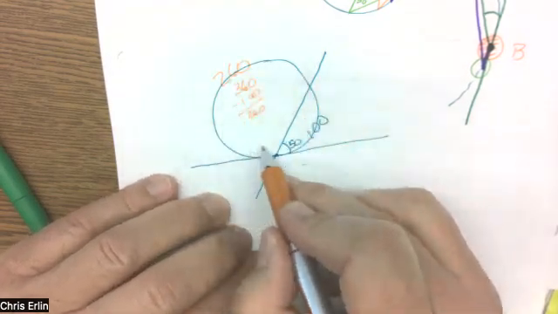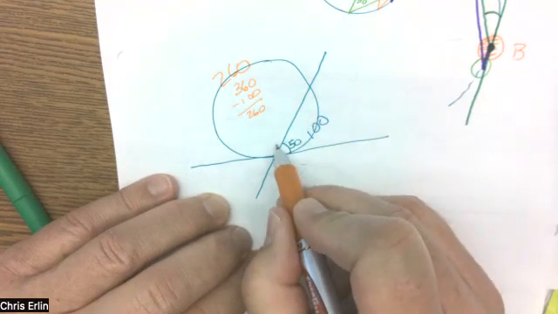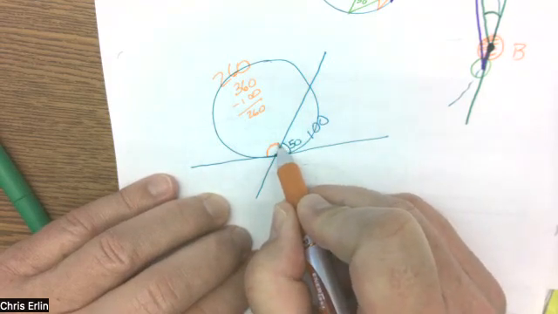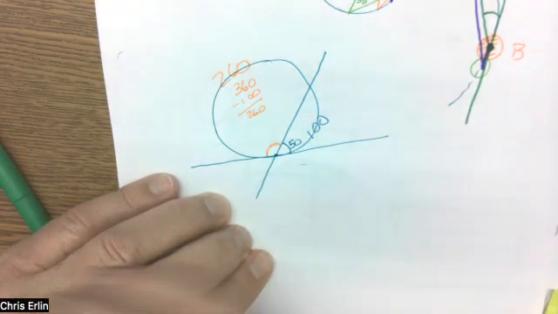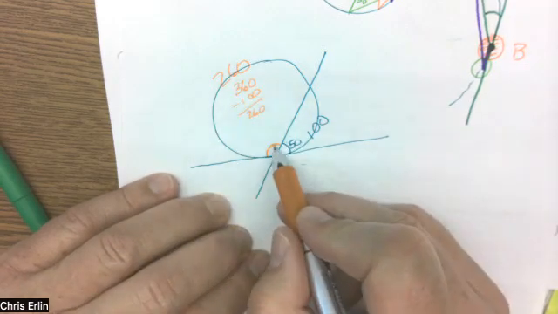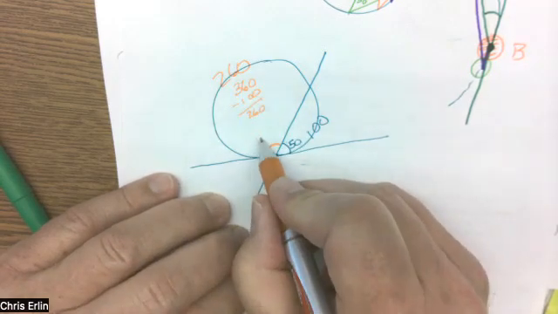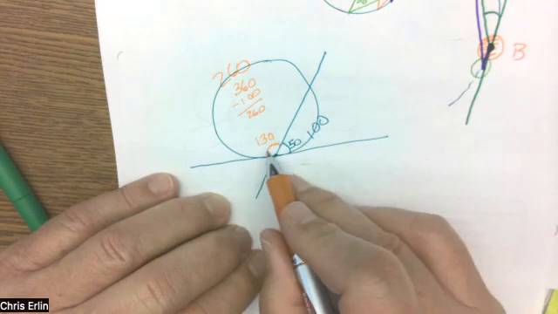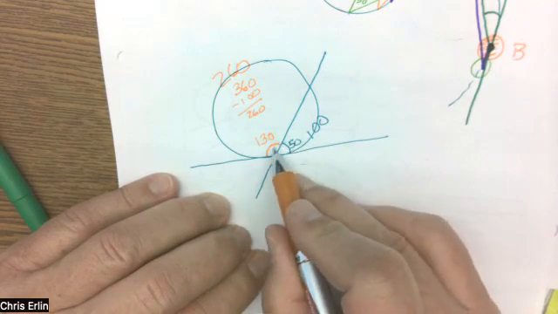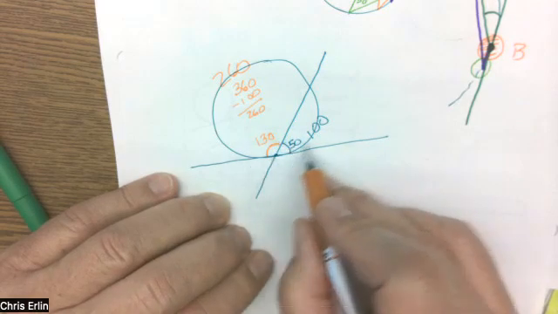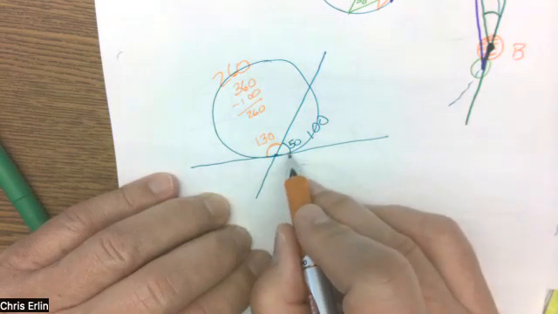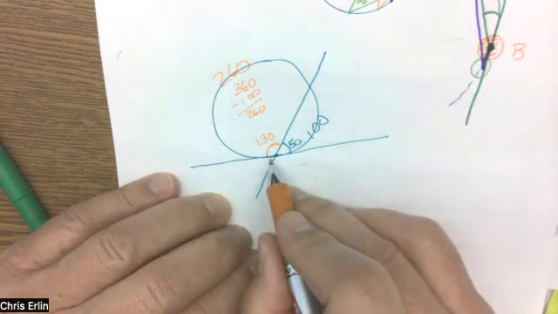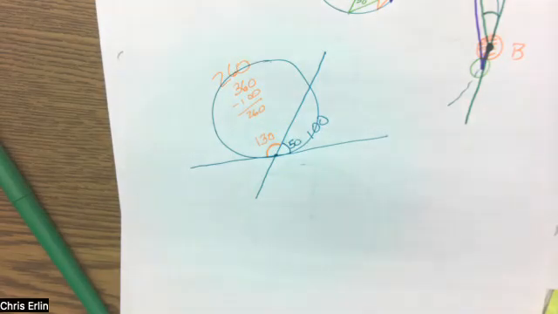And if that's 260 as an arc intercepted by this angle, that would also be an inscribed angle. So it's going to be half as much of 260. So how big would this be? And is there anything you see that would help validate that that's true? It's supplementary. It forms a linear pair with the tangent, doesn't it? So if a tangent meets a full circle and a tangent is 180, it has to be that 1:2 ratio.